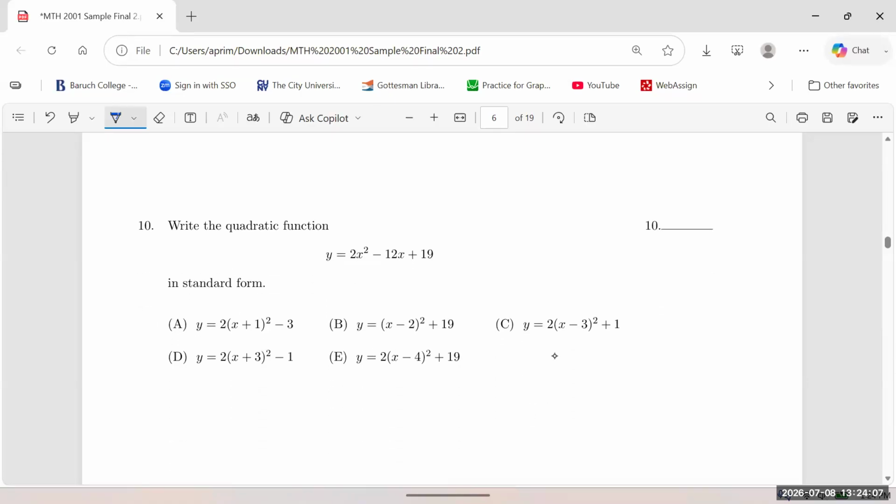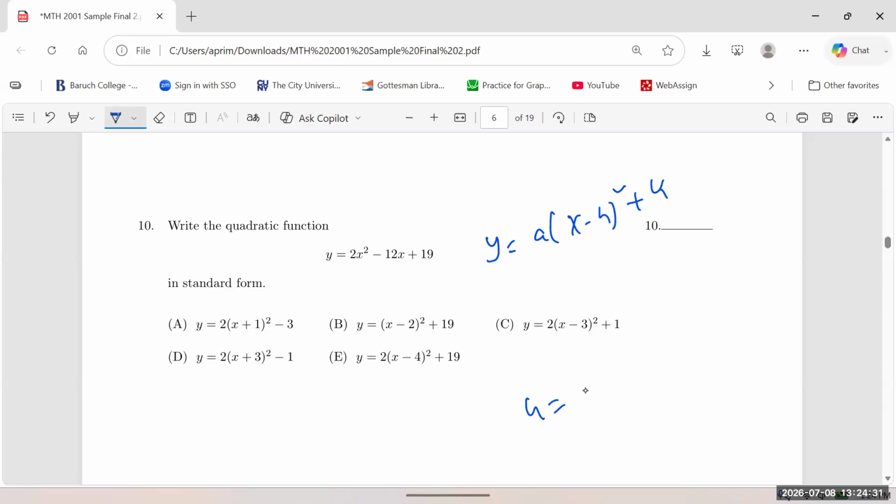Quadratic. Write the quadratic function in standard form. I don't think they will give you this in the final exam. But remember, the quadratic form is y equals a times (x minus h) squared plus k, right? So you can easily find h.